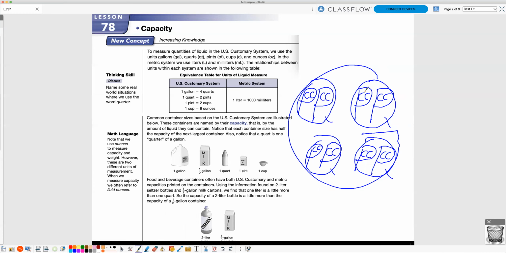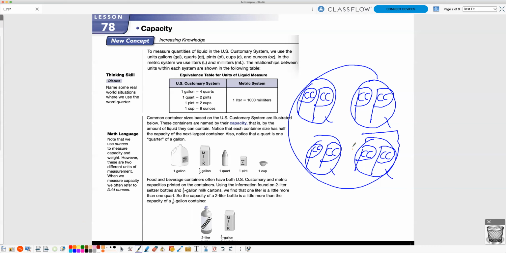And within each of the P's that represent pints, you see that there are 2 C's. The 2 C's mean that there are 2 cups for every pint. There are 2 pints for every quart. There are 4 quarts for every gallon, or 2 quarts for every half gallon. So you can use the big G to really determine how much of each will fit into the gallon itself.